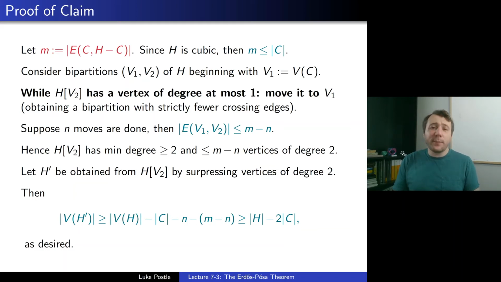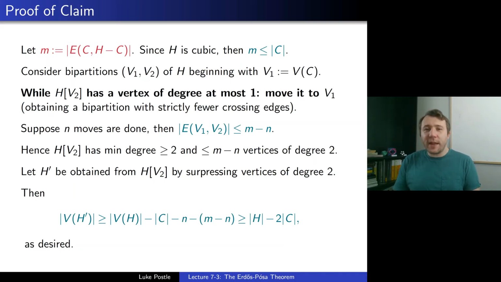And then we suppressed at most M minus n vertices of degree 2. So we're going to get V(H') is at least V(H) minus C minus n minus (M minus n). Now, n plus M minus n is M. M is at most C from the top line. And so we find that V(H') is at least V(H) minus 2C as desired.